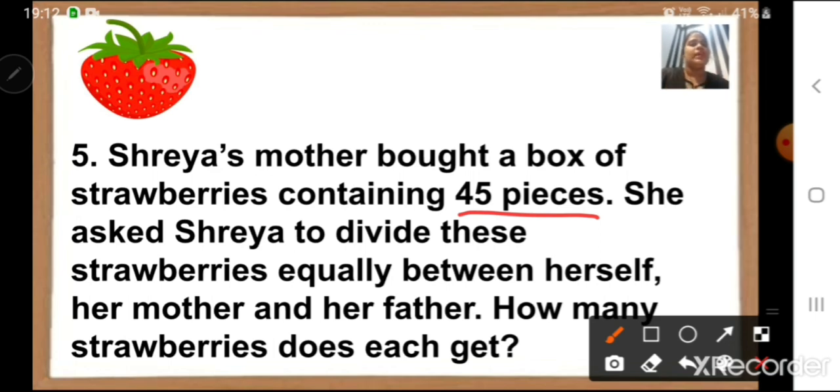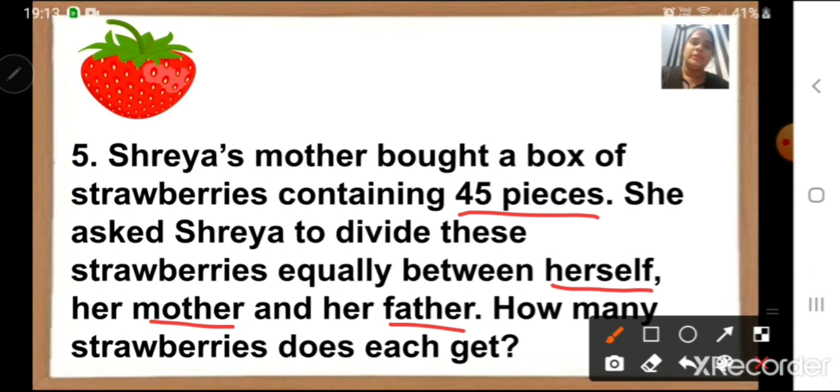Okay, nobody should get more or less. To divide equally between herself, her mother and her father. So how many total people are there? 1, 2, 3. Correct? Herself, her mother and her father. So there are 3 members. Okay, so we have to divide 45 pieces of strawberries among 3 people or members. How many strawberries does each get?